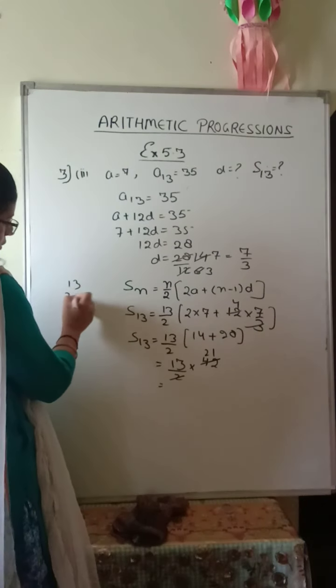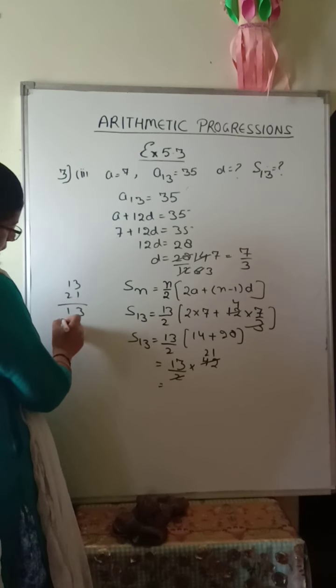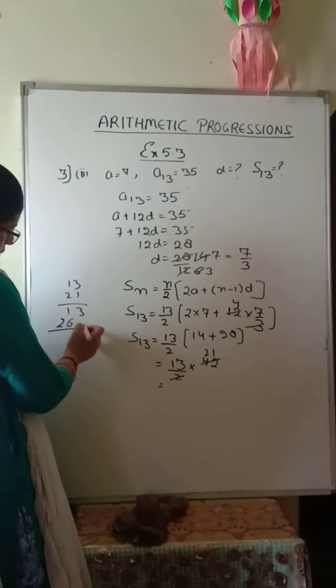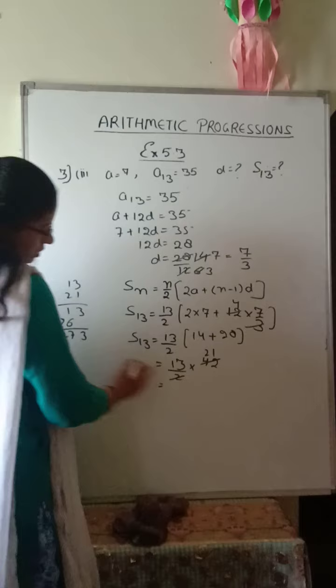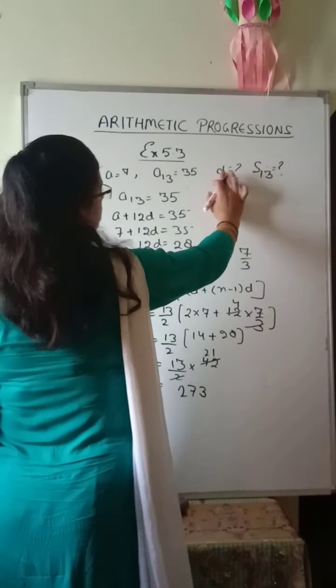We'll do it in rough: 13 into 21 is 273. So we get both the sum of 13 terms and d.